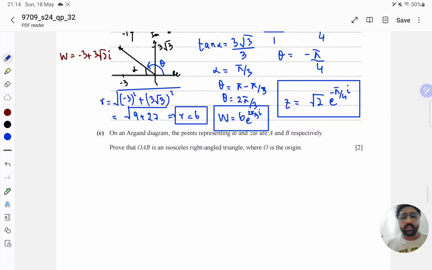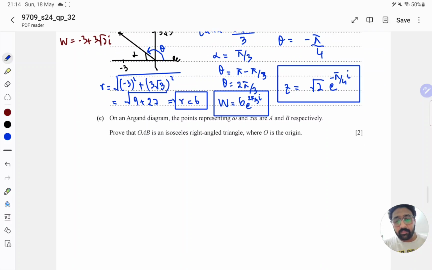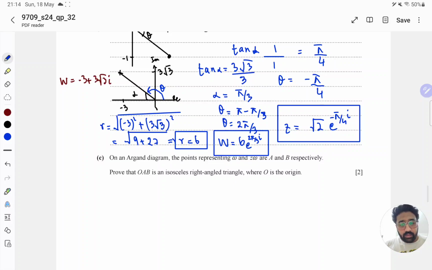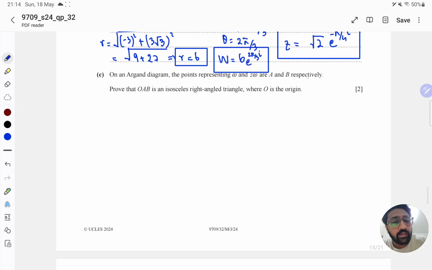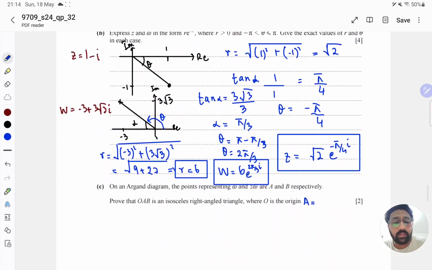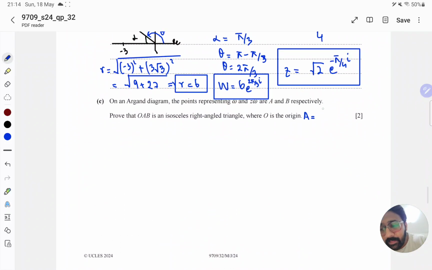Let's move further. Part c says that on an Argand diagram, the points representing w and zw are A and B respectively. So A is basically, let me write down A. By A he means w, and w is minus 3 plus 3 square root of 3 i.